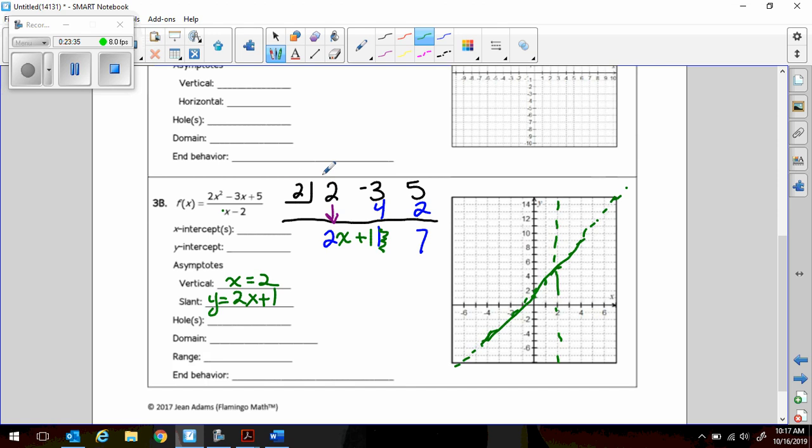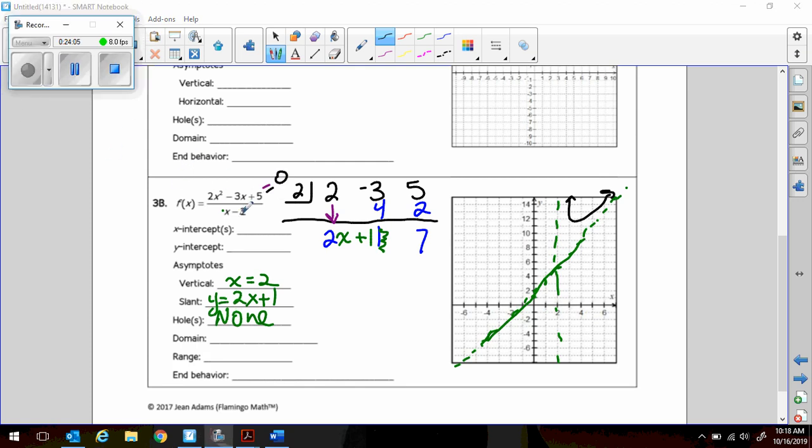Alright, I can't factor it, so there's not going to be any holes. I can't divide anything, so there are no holes. The x-intercepts: the graph is going to look something like this. So I've got to actually set this equal to 0 and find out where the x-intercepts are.